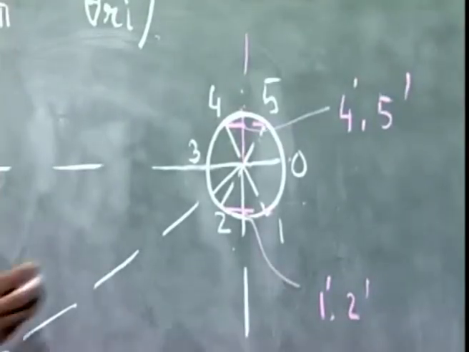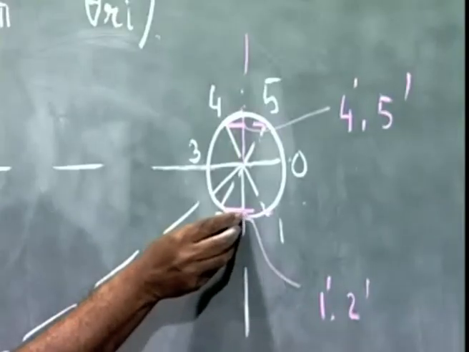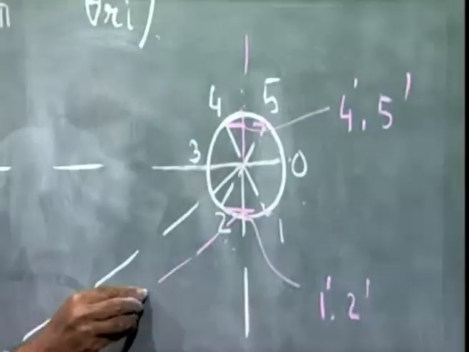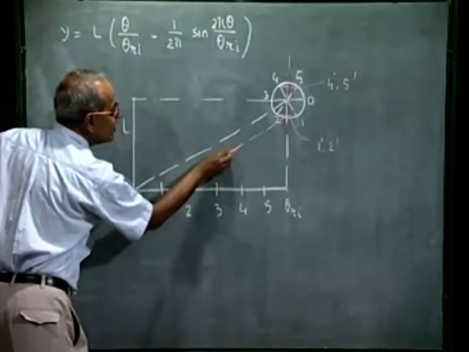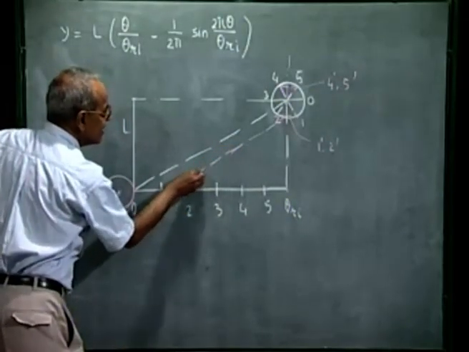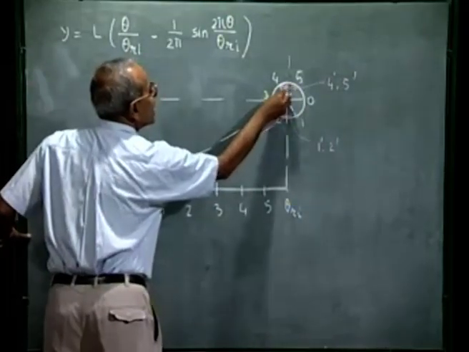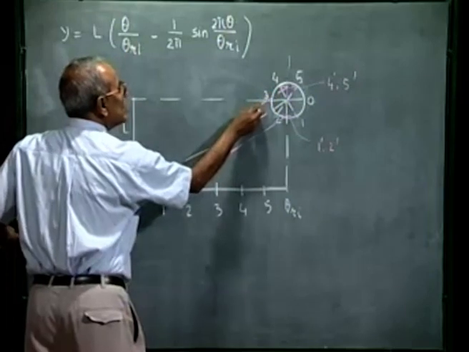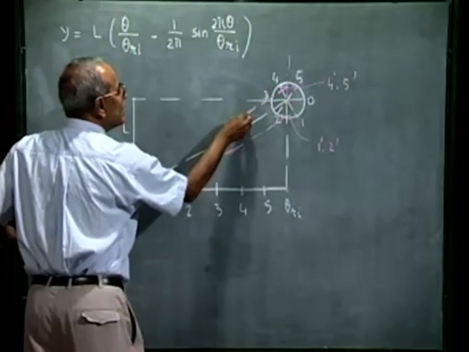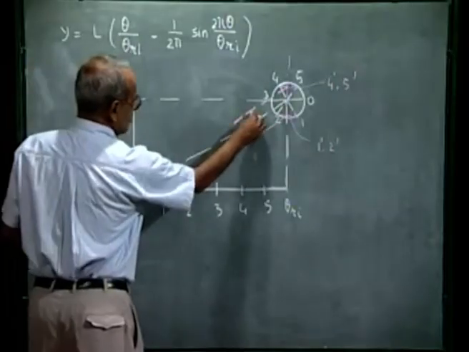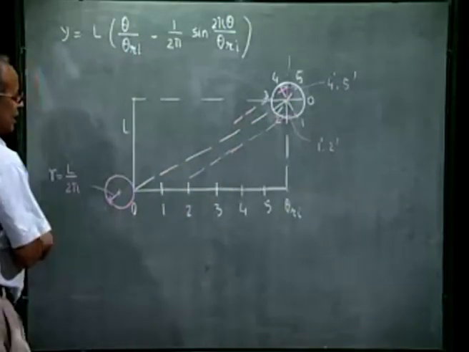So from this I draw a line which is parallel to this. And from this point again I draw a line; these two lines are parallel to this diagonal.